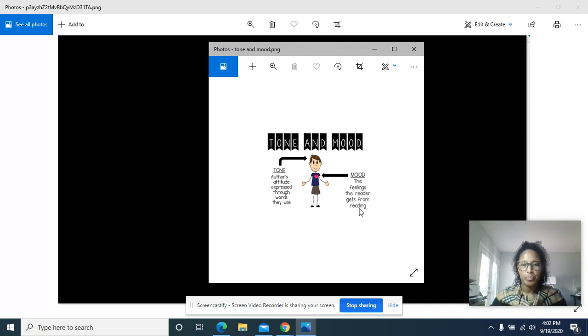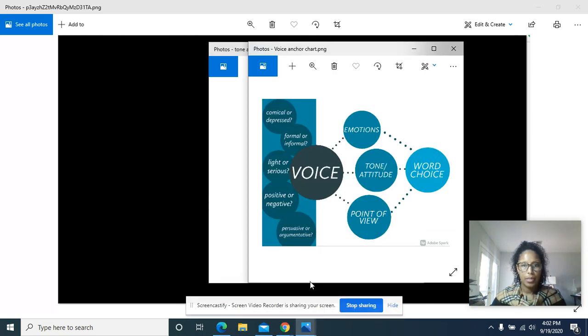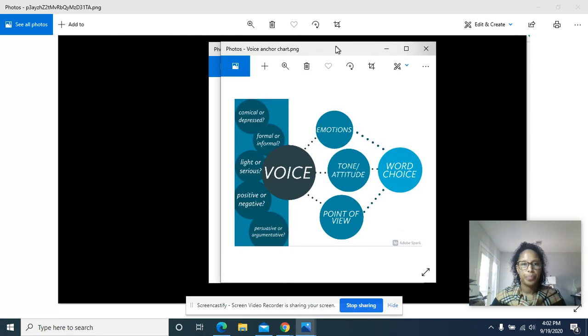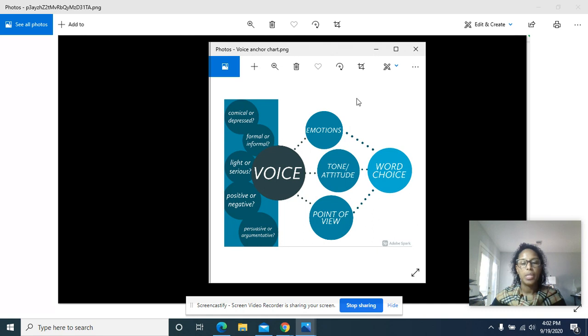All right. So the next thing that tone and mood encompass is this piece right here. Tone and mood encompass the author's voice or the poet's voice. All right. So the voice is the emotions. Okay. When you were younger, in elementary school, you learned that voice is if you're happy or sad or mad or tired or embarrassed.